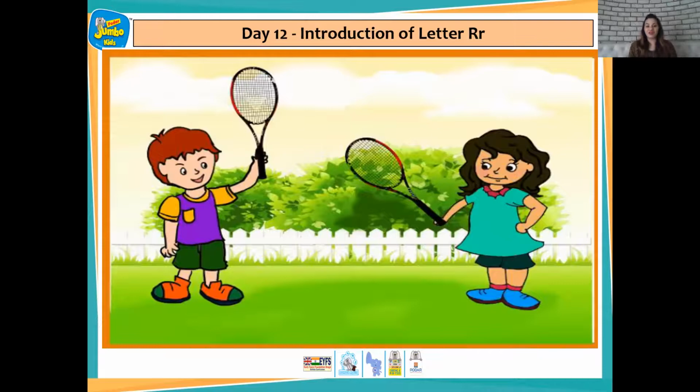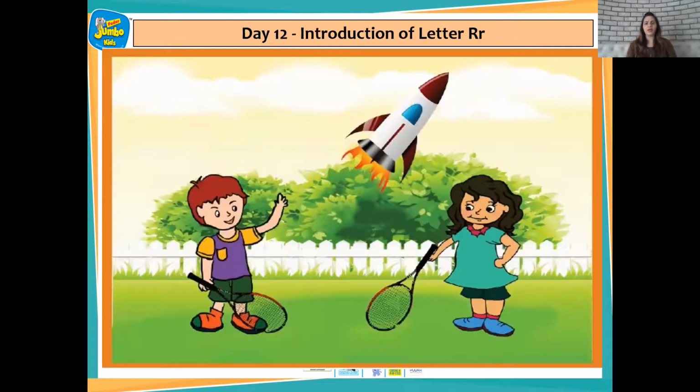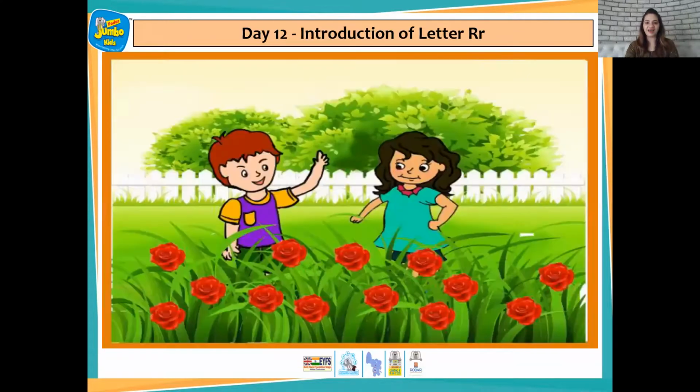Yes, and when the rain stopped, they took their rackets and they started playing with each other. And while they were enjoying playing with the rackets, Rahul told Ria, look in the sky. Yes, there is a rocket. And they were both amazed to see a rocket in the sky.